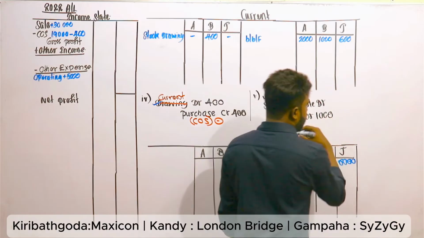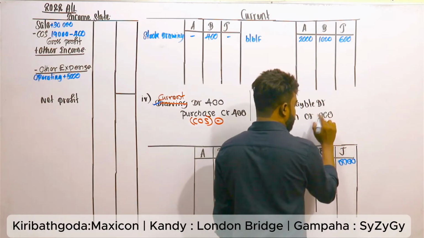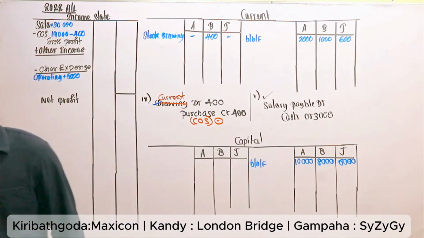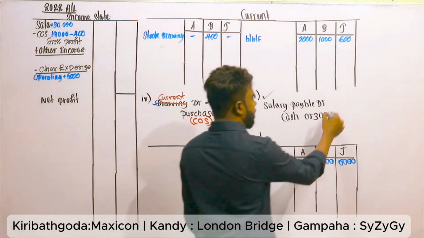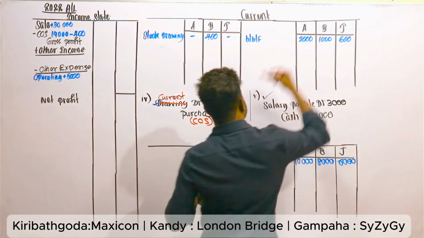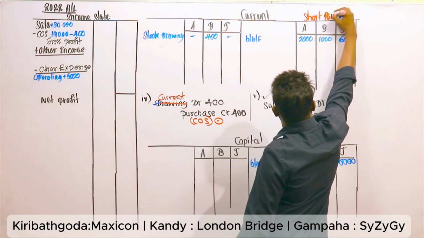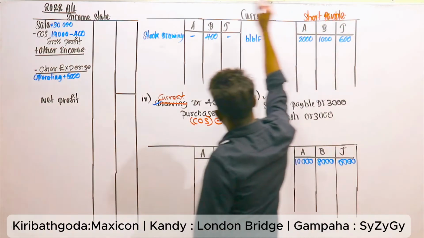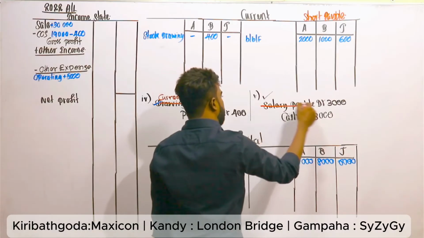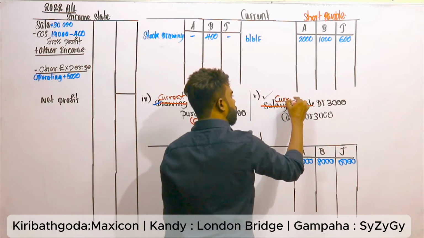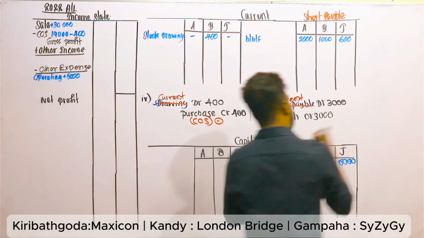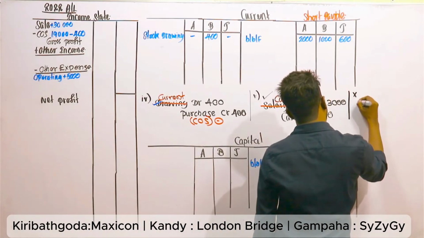Cash account credit 1,000 for each partner, so for the 3 partners it should be 3,000. Normally salary payable is a short-term payable we credit, but if it is paid, it should be debited. Payable balance decrease should be debited. Here it should be the current account.